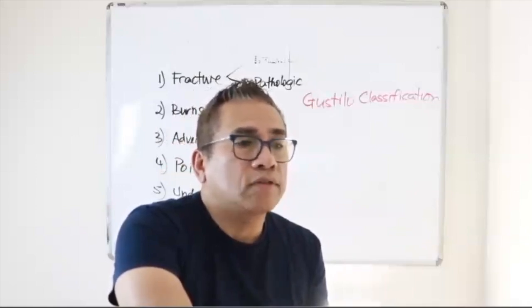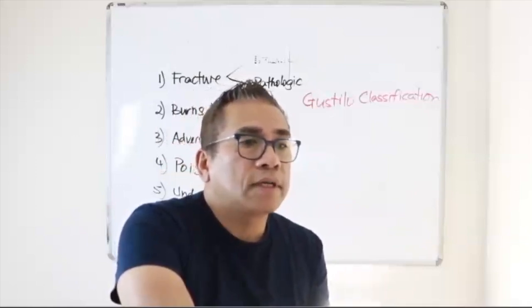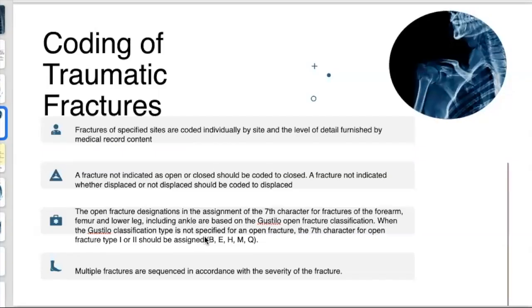Let me go back to what the guideline gives here. Okay, look. You don't see the A, the D, and the S here, right? Well, the S is still applicable for sequela, but look at this, this is our initial and also the subsequent 7th character.